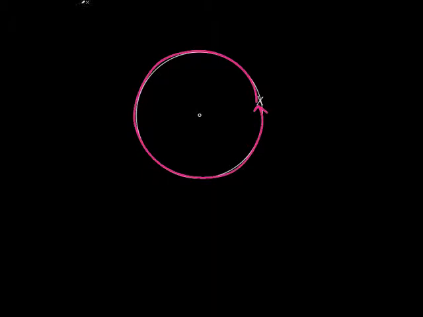It's the perimeter of the circle, but we give it a special name. What's the special name for the perimeter of a circle? It's the circumference, right? Circumference. So the circumference is the distance around the circle. It's basically the perimeter of a circle, so even if I said find the perimeter, you should be able to find it. It's the same thing as the circumference.